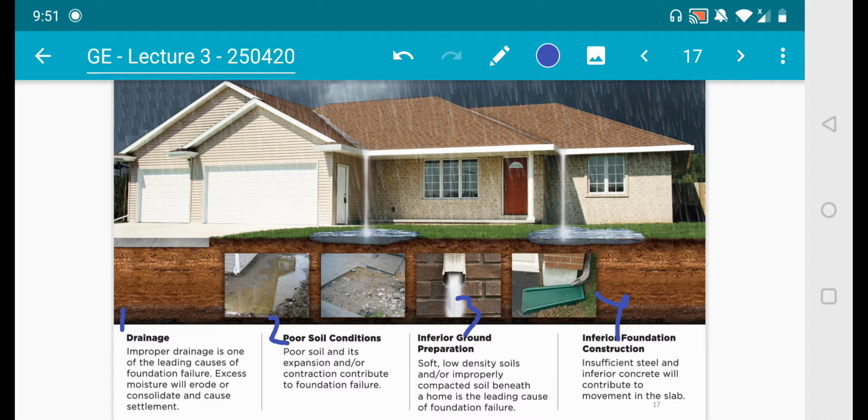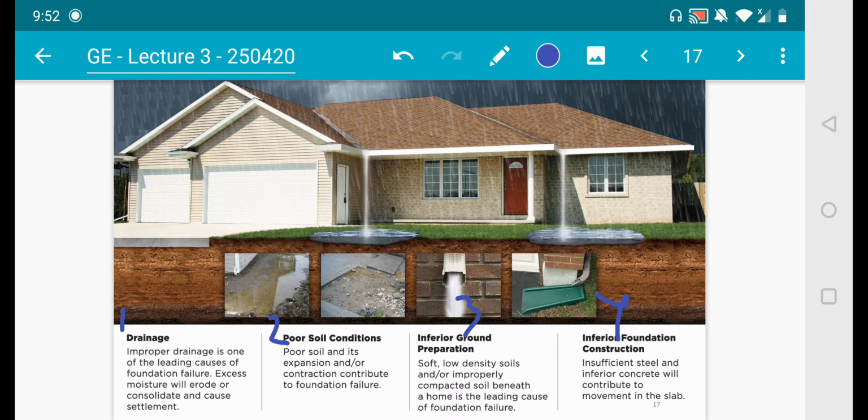Excess moisture will erode or consolidate the soil and cause settlement. So you have to make sure that your drainage is properly designed to channel the water to its designated place, so that you will prevent settlement.